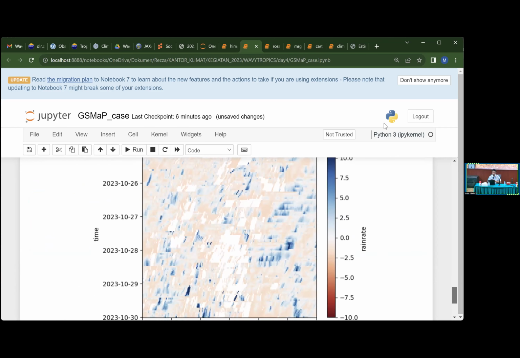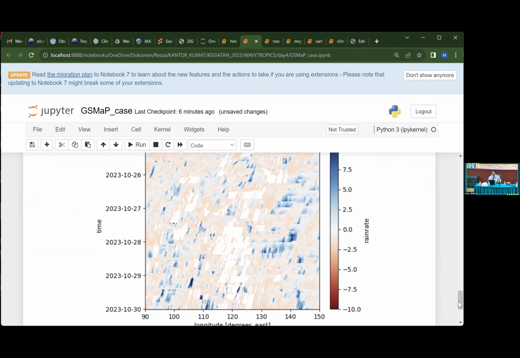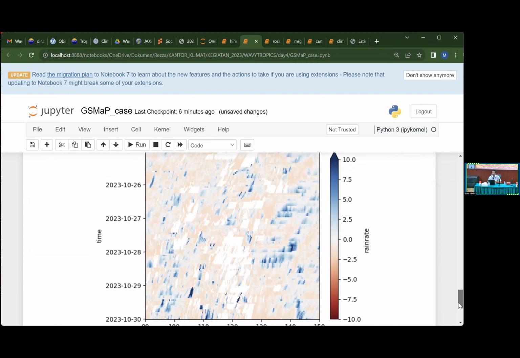Now, can you still find some westward propagating feature? Positive value means more rain rate, and negative value means less rain rate. The red one is negative and the blue one is the positive value. So you can find the westward propagating signal over here, okay?